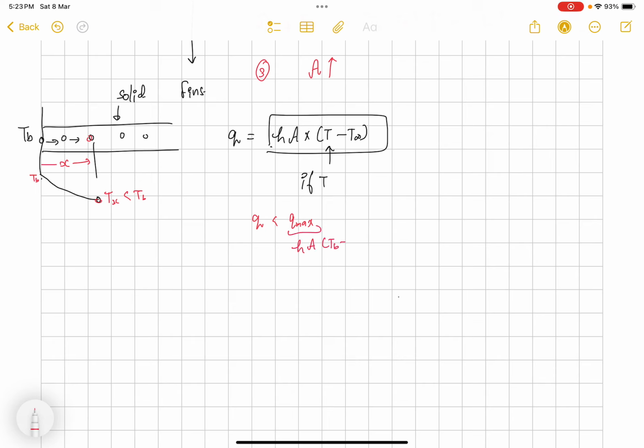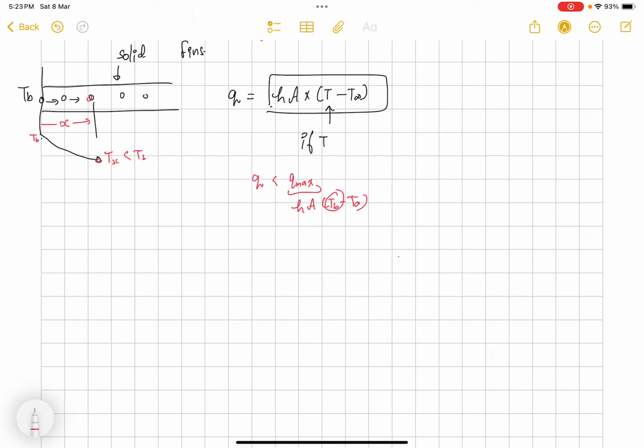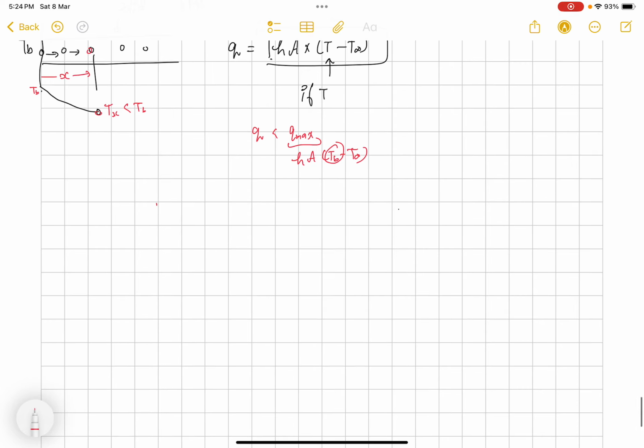So the heat transfer from the fin is strongly dependent on the temperature variation along the fin, which is strongly a function of the thermal conductivity of the fin material.